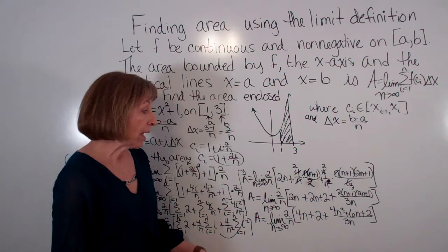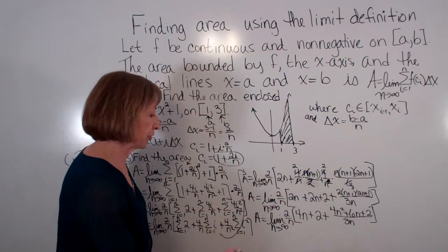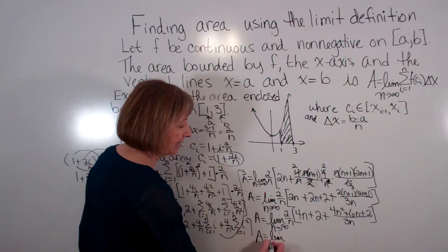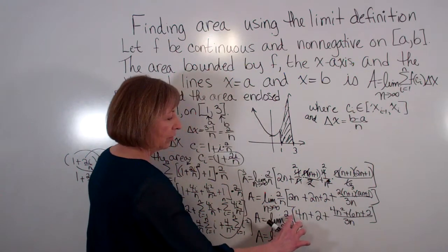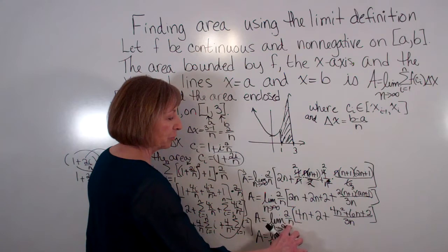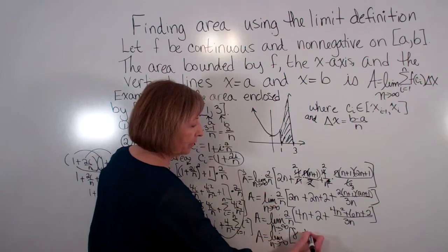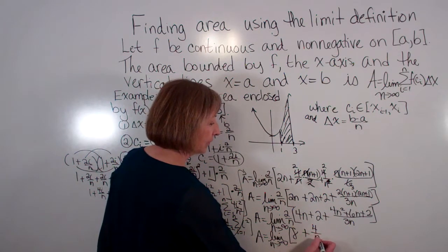Let's go ahead now and multiply that 2 over n through each term. So my area is the limit as n approaches infinity of, well, 4n over 1 times 2 over n will just give me 8. Plus 2 over n times 2 is 4 over n.